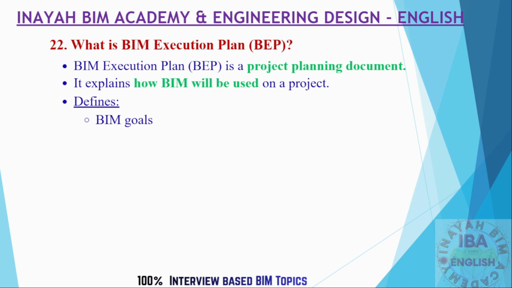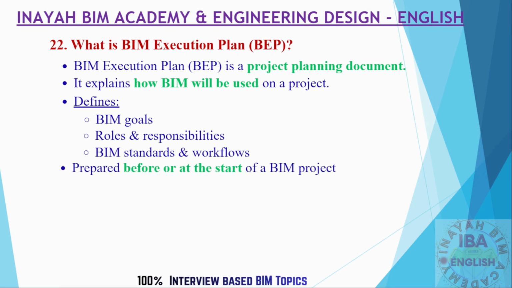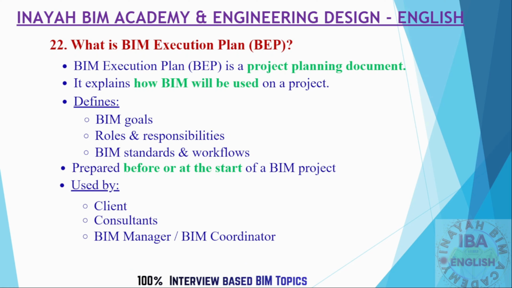It defines what our BIM goals are in this project, what the roles and responsibilities are, what BIM standards we have to focus on, and what the sequence of our workflow is. Most importantly, it is prepared before or at the start of a BIM project, not after that. And who uses it? Mostly the clients, consultants, BIM manager, and BIM coordinator.